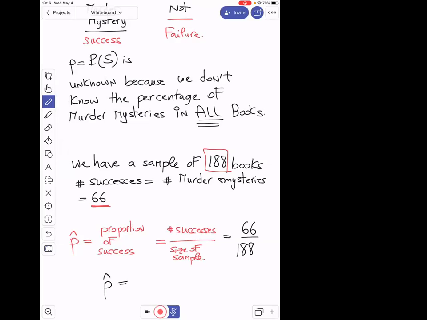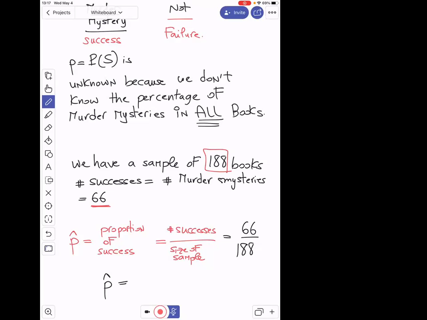Again, this proportion of success is not your p. That's not the probability of success. If you want to find the probability of success, you need to take all the books in the bookstore and count how many murder mysteries there are. Let's say there are like 10,000 books, so you need to count how many murder mysteries are in the bookstore out of the 10,000 books. Here we just have a sample, which doesn't represent all the books.